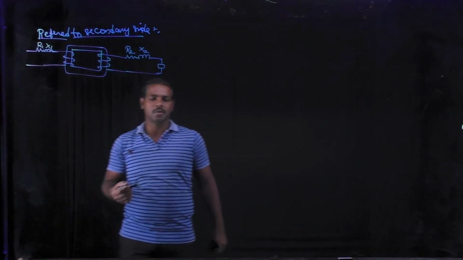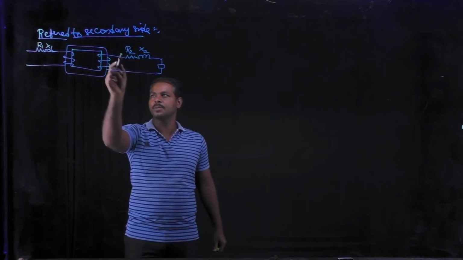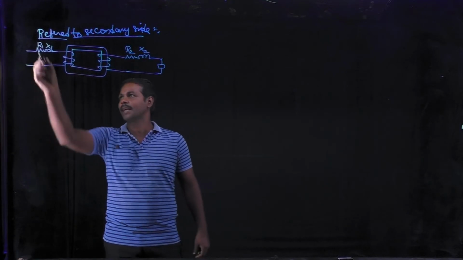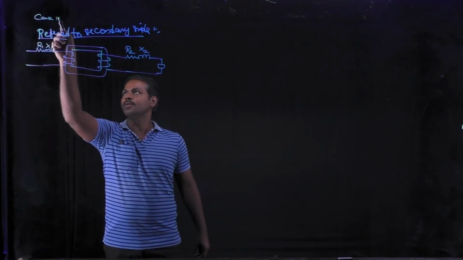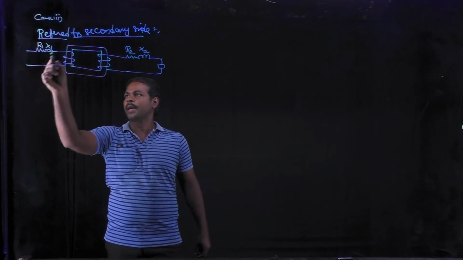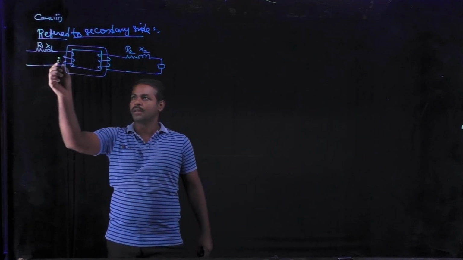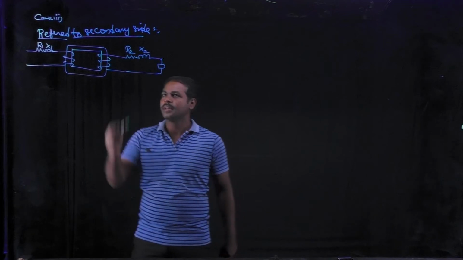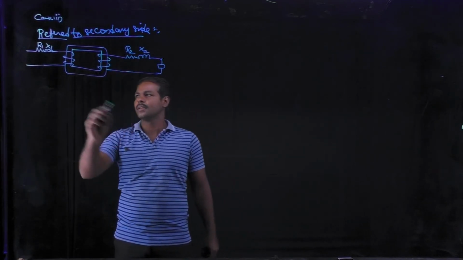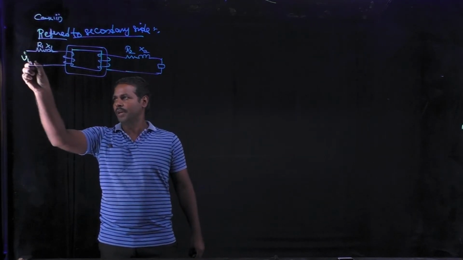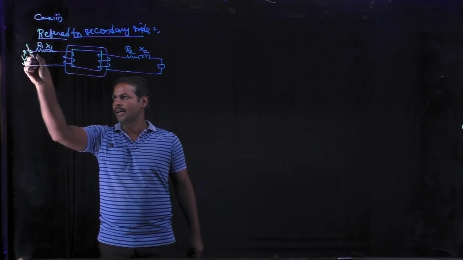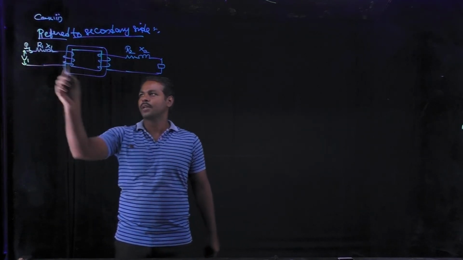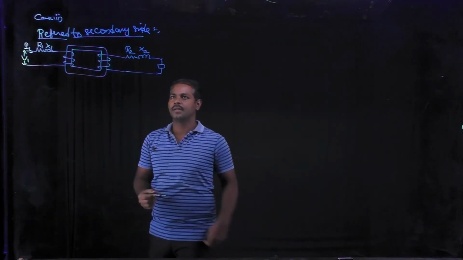So previously the secondary terms were referred to the primary side. So the second case, number 2, is that the primary parameters, or circuit 1, is to be referred to the secondary side. In this, the voltage V1 as well as current I1, R1 and X1, these 4 parameters are referred to the secondary side.